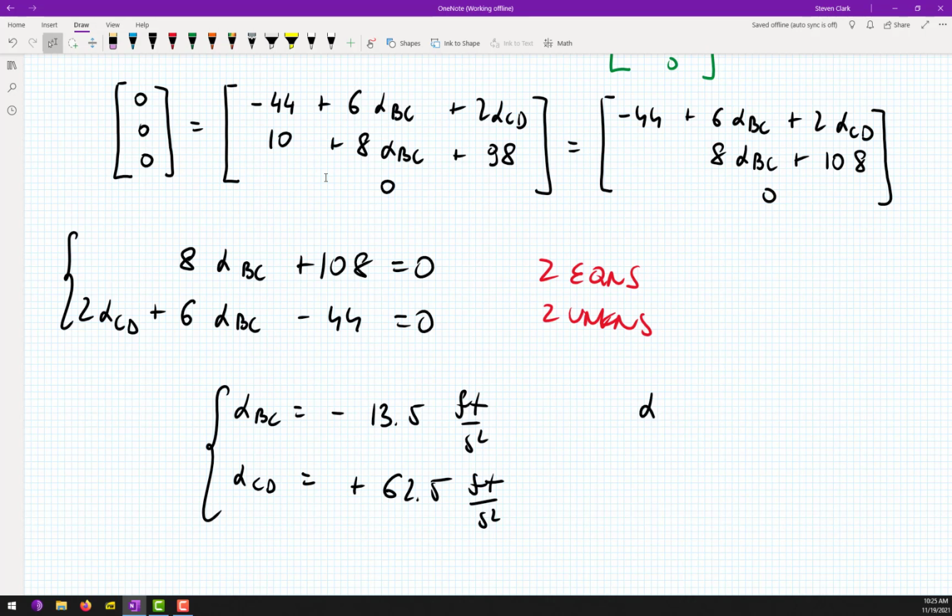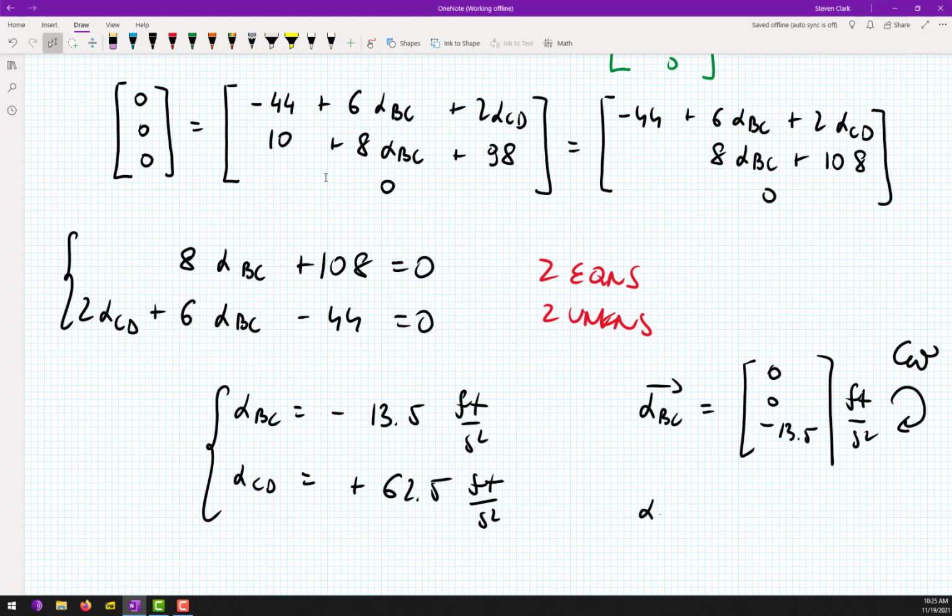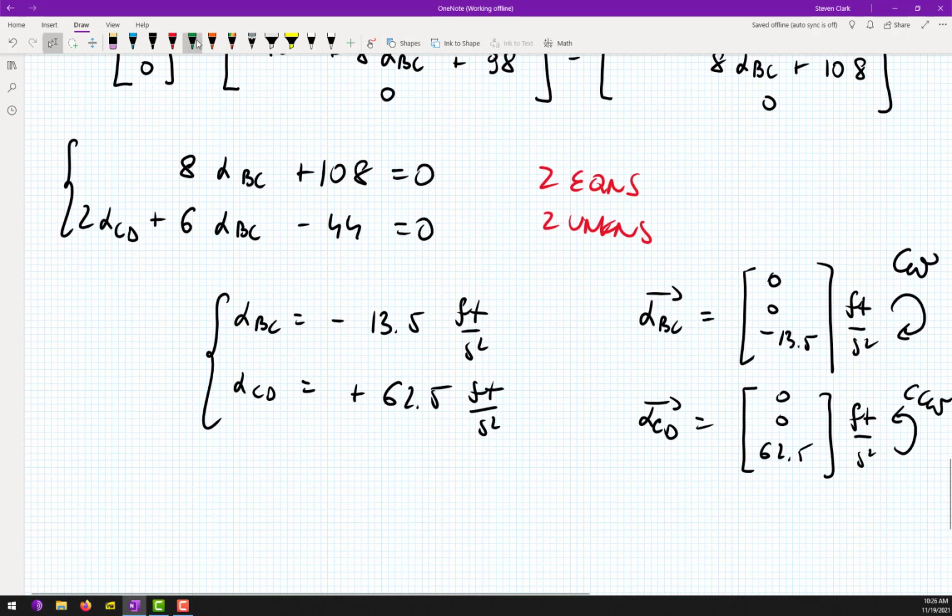Vector-wise, alpha BC will be rotating clockwise, and alpha CD will be rotating counterclockwise. And this is our answer.